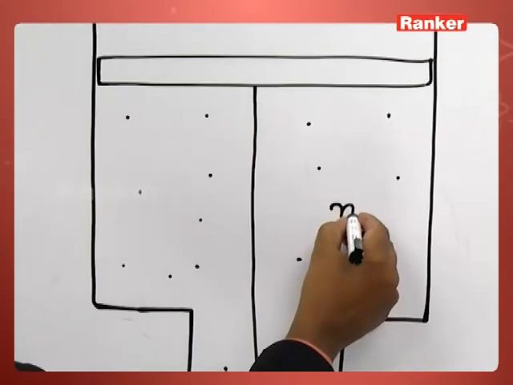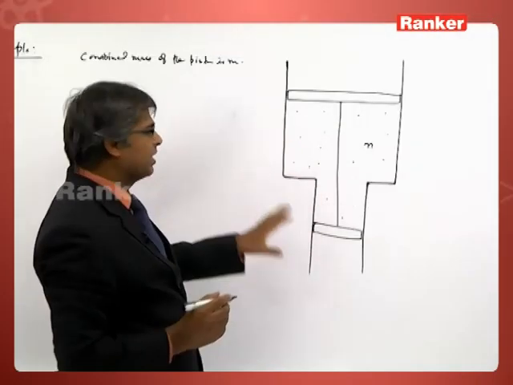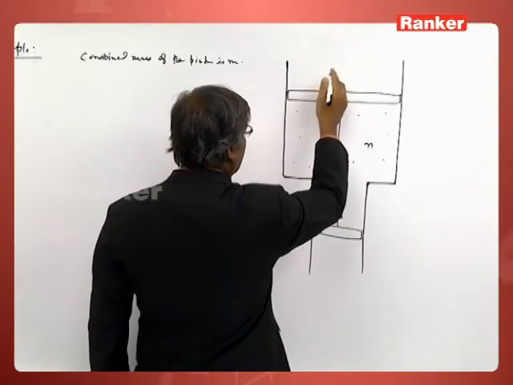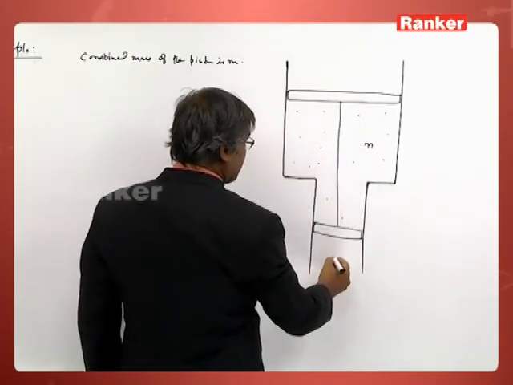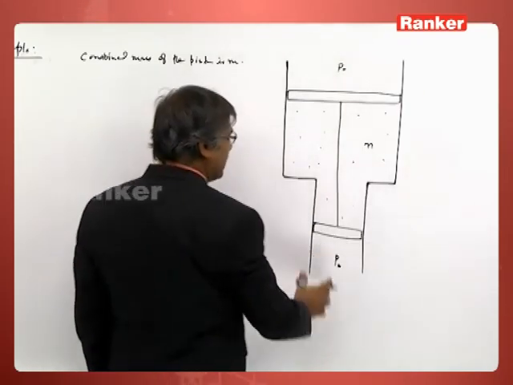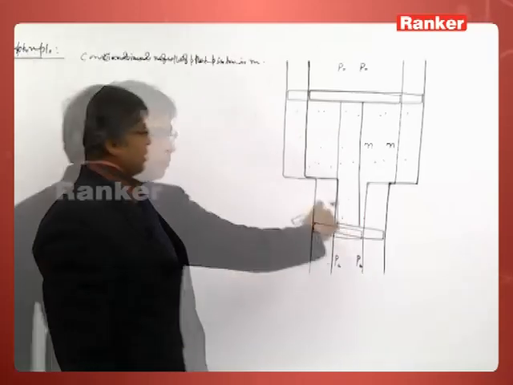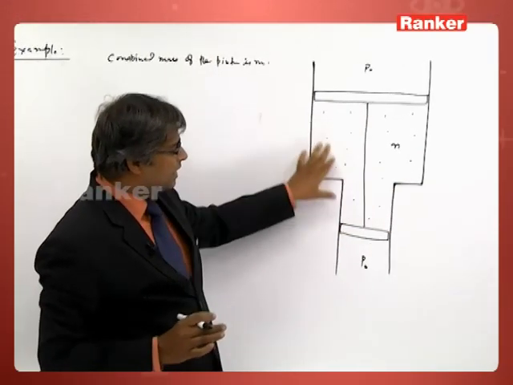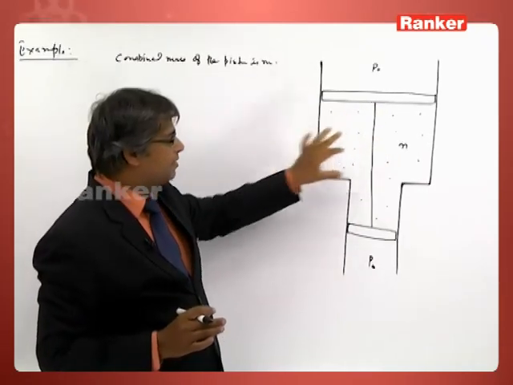This is n moles of ideal gas inside, and outside we have atmospheric pressure P naught. This vessel is open, so it's not a diathermic wall. We are going to increase the temperature of this gas.